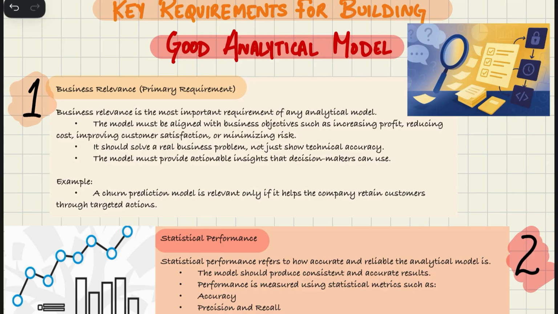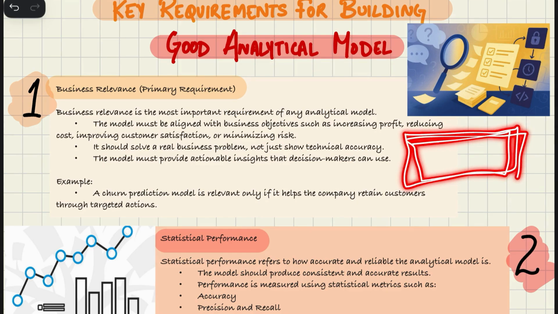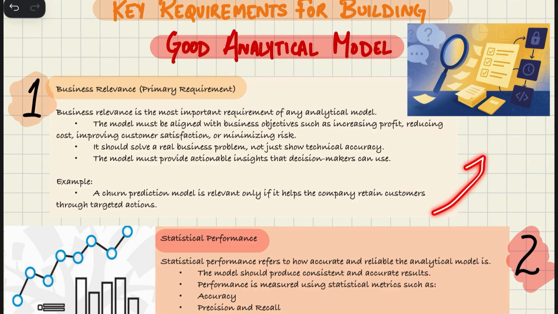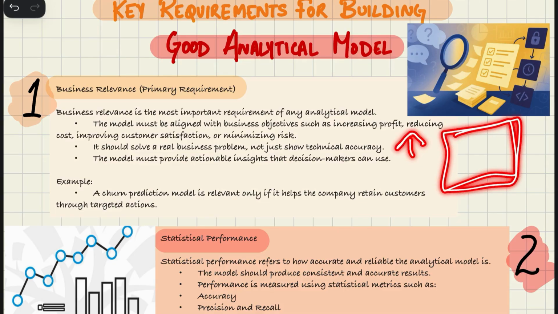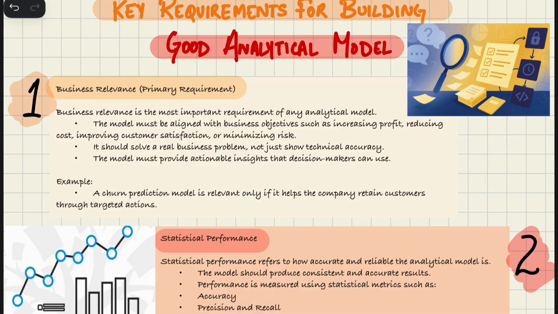These customers are trying to leave, so we immediately provide them a discount strategy to retain them so that they are not leaving the company. Our company's objective was to increase the customer base. So this solution is aligning with our business, so it has business relevance. That is how you solve a real world problem.